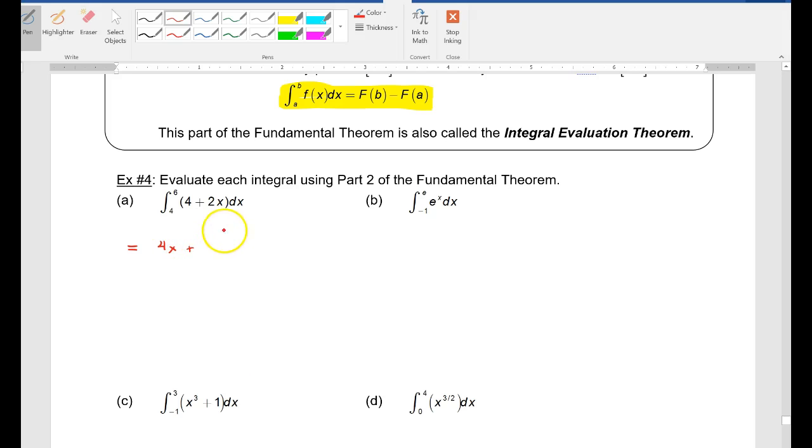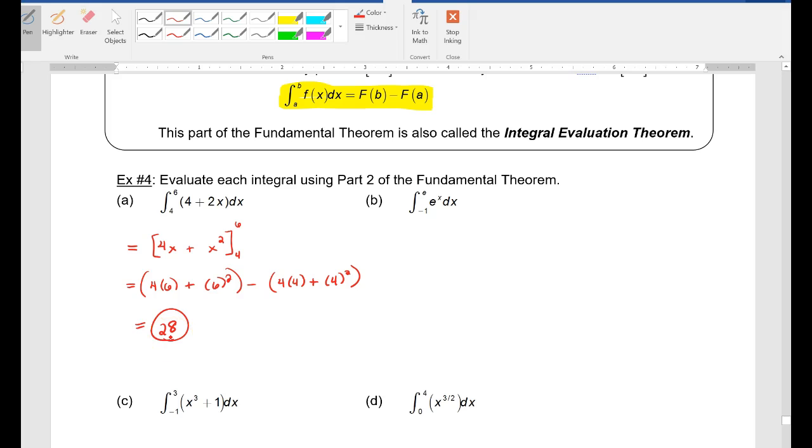And then plus, that's going to be 2x squared over 2, so that just becomes x squared. And we want to evaluate this from 4 to 6. So we have 4 times 6 plus 6 squared, and we want to subtract 4 times 4 plus 4 squared. While you evaluate this, double check your work, but we should get 28.